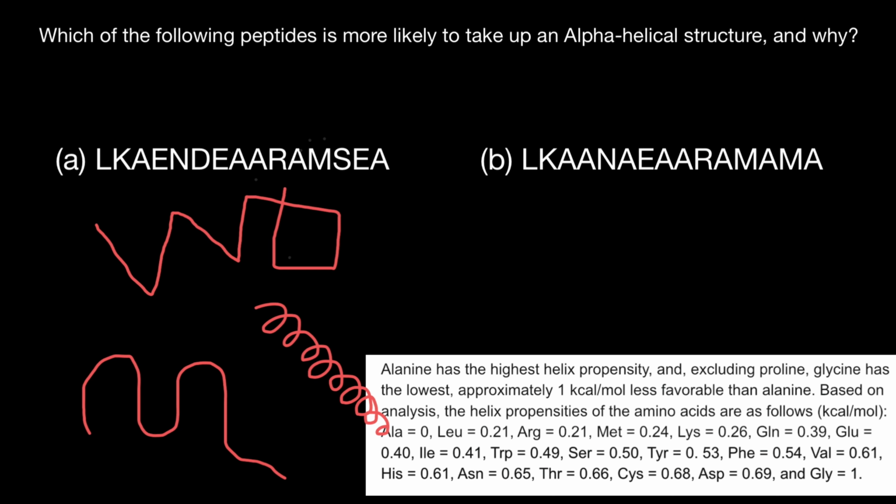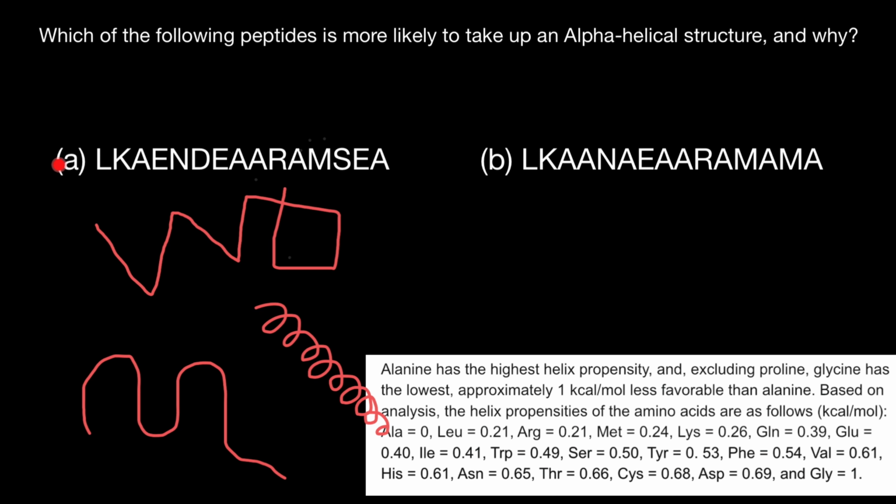So we can consider every amino acid from the point of view of the energy required for its integration in alpha-helical structure. Now let's compare both sequences. Sequence A, where each letter stands for one amino acid, starts with LKA, and this sequence also starts with LKA. So we don't even have to look for each amino acid in this table, because both polypeptide chains would have the same energy requirements.